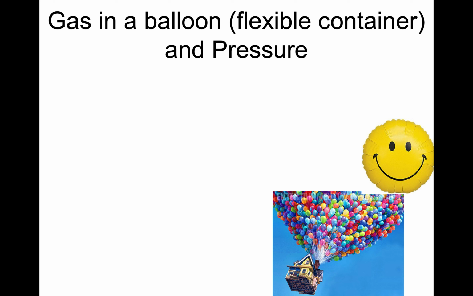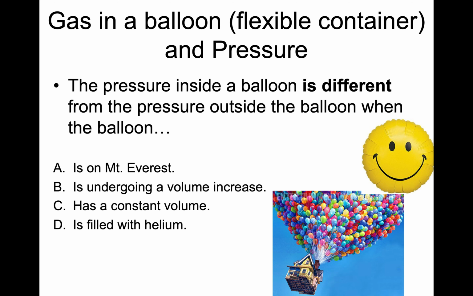Let's think about gas that's in a balloon that we consider to be a flexible container. The pressure inside a balloon is different from the pressure outside of the balloon. Under what conditions? So we have this flexible container. When would the pressure be different? When the balloon's on Mount Everest, it's undergoing a volume increase, constant volume, or filled with helium.